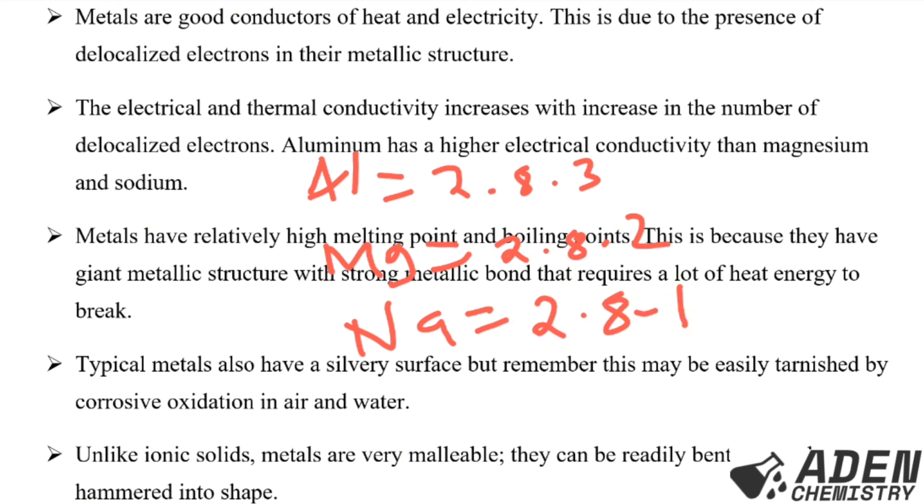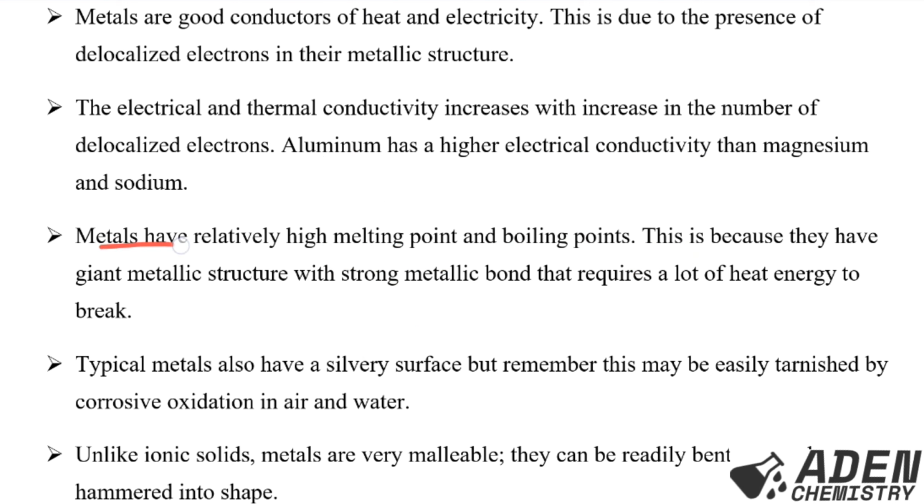So if we check the number of delocalized electrons, sodium has one delocalized electron, magnesium has two delocalized electrons, and aluminum has three delocalized electrons. Then that means aluminum will have higher electrical conductivity because it has more delocalized electrons than magnesium and also sodium.